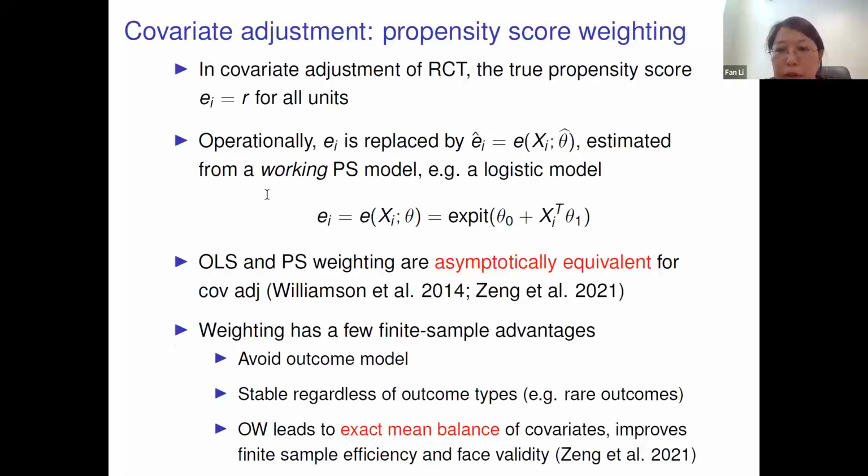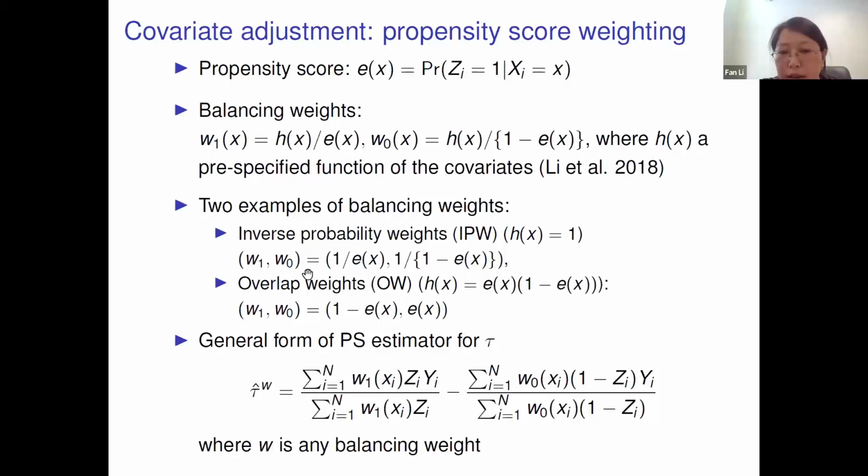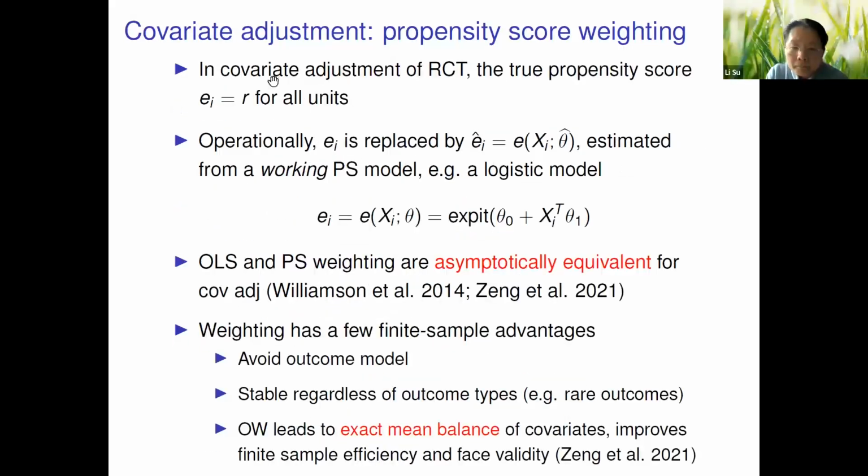In observational studies, you're absolutely right, the overlap weight changes the estimand to the target population with the most overlap, because you estimate the propensity score of the real treatment. But remember, in an RCT, the true propensity score is actually constant.